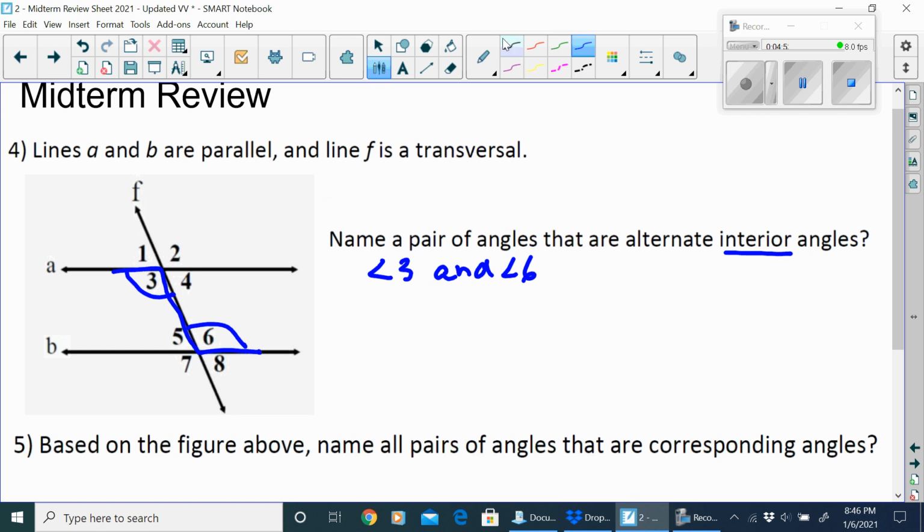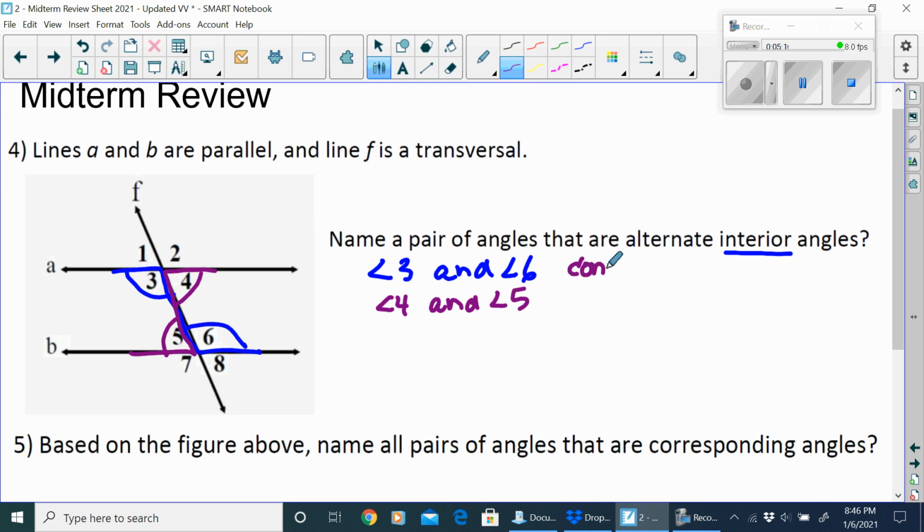Now there's another set of alternate interior angles, and they are angle 4 and angle 5. And you could see it's a backwards Z. Now, there's something special about alternate interior angles. They are congruent or equal.